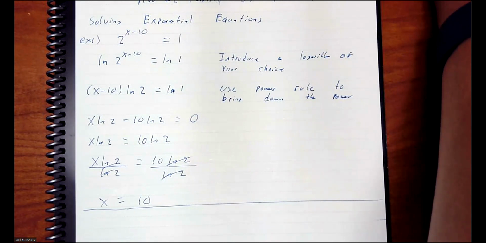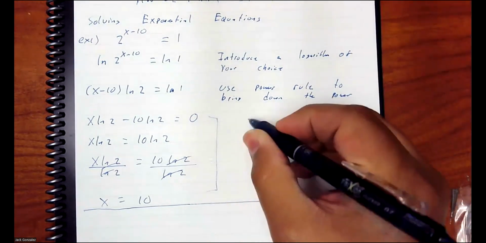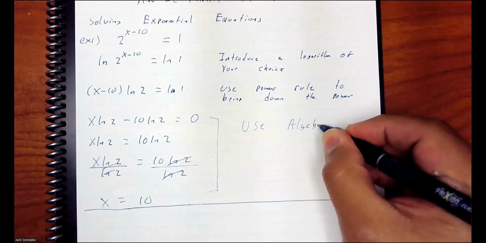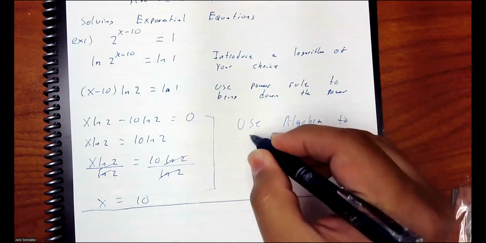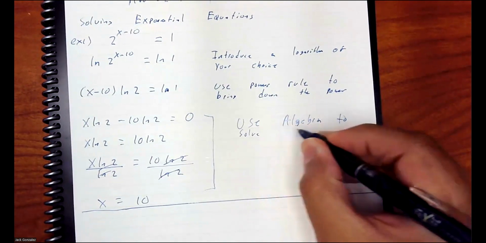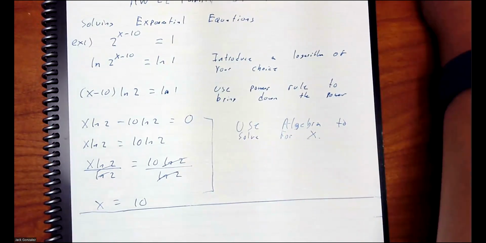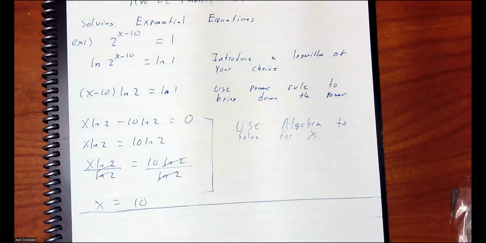So the general idea is this. We do one more of these type, then we'll move to a different type, and hopefully we'll have time for the log stuff.